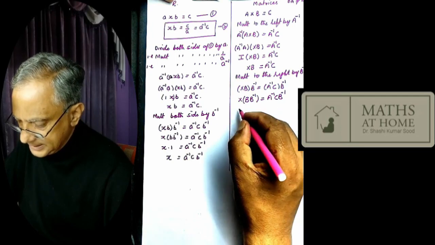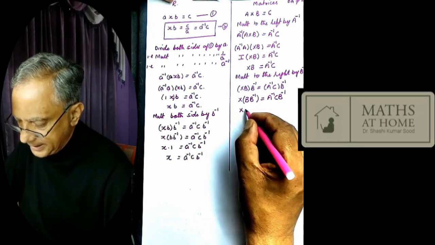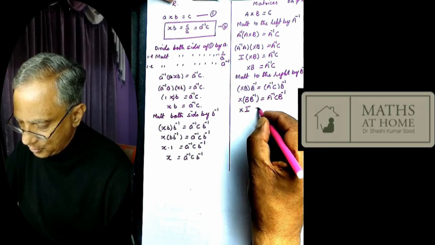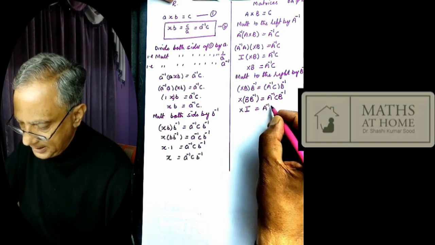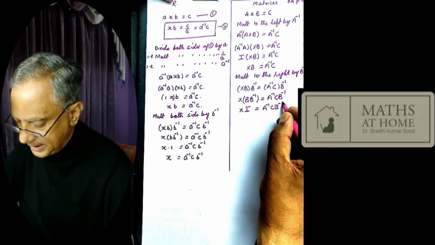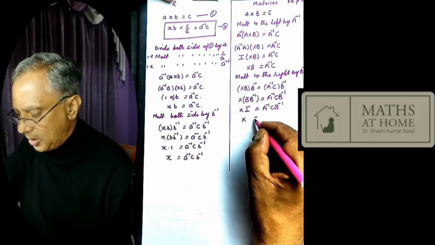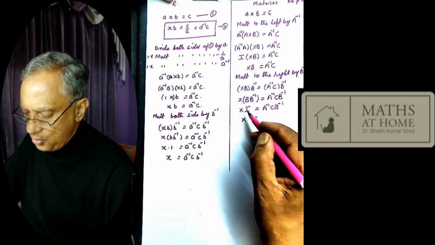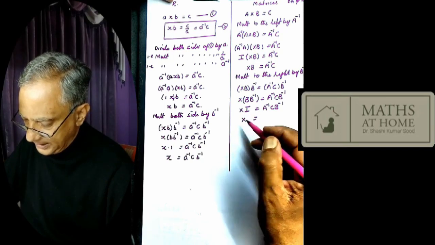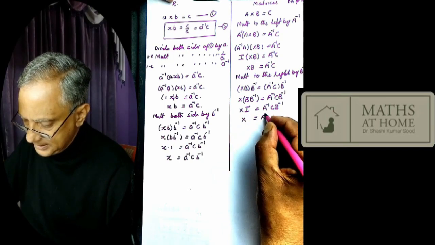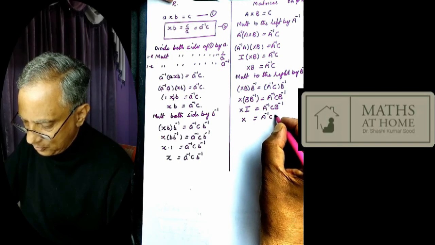So B into B inverse is identity. This is equal to A inverse C B inverse, and X into I is X. So we get X equal to A inverse C B inverse.